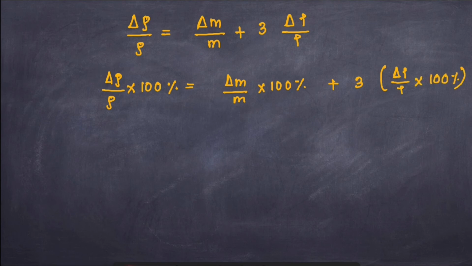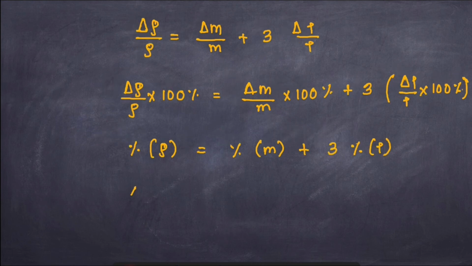Delta rho is the absolute error in measuring rho, divided by the measured value of rho, into 100%, so this is the percentage error in rho. Similarly, delta m by m into 100% is the percentage error in m, and delta L by L into 100% is the percentage error in length, so plus 3 times the percentage error in length.